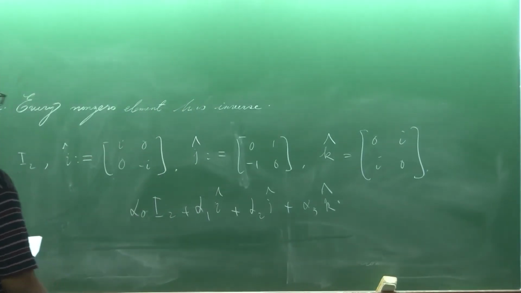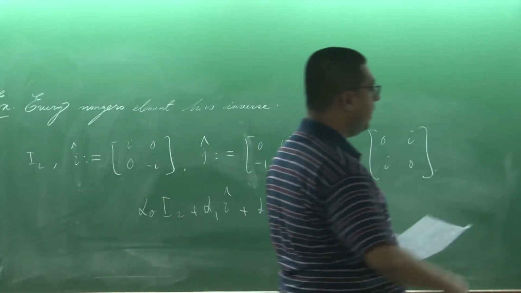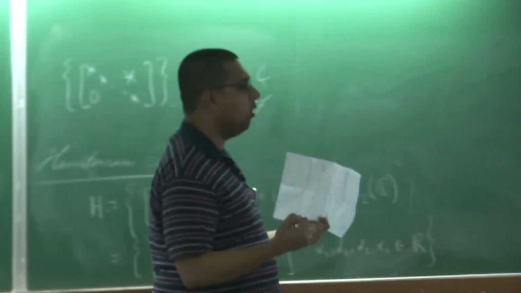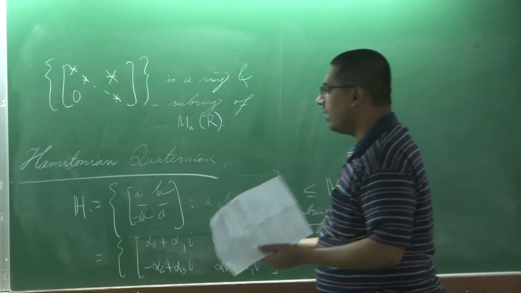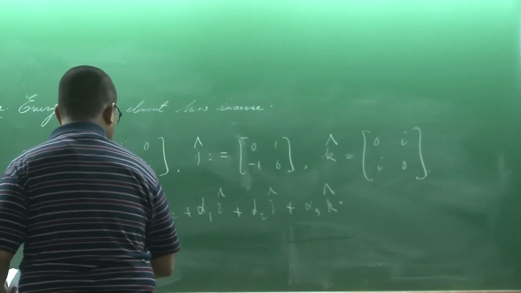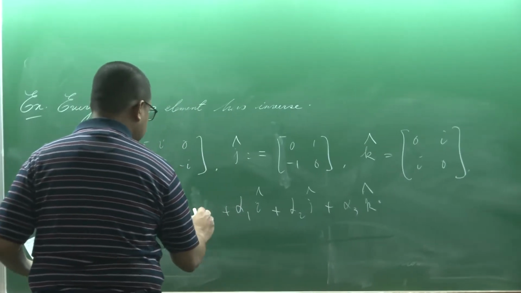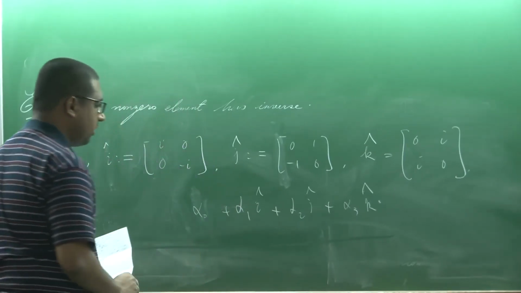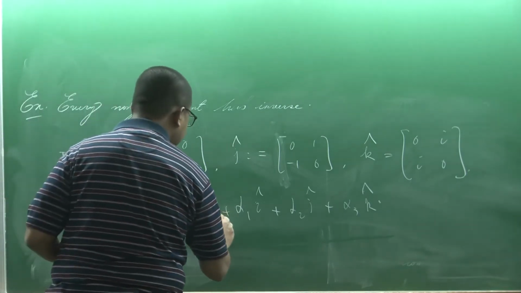All right. And furthermore, let us see how two elements in this ring are multiplied. Traditionally, as a custom, we simply write alpha naught instead of alpha naught I2, so it tacitly means that I2 is there.